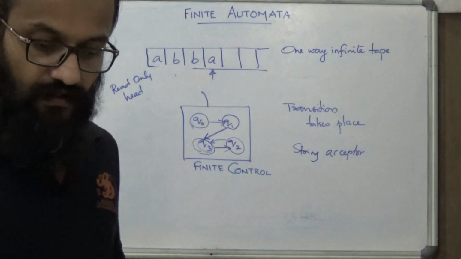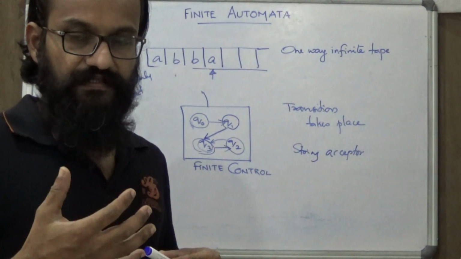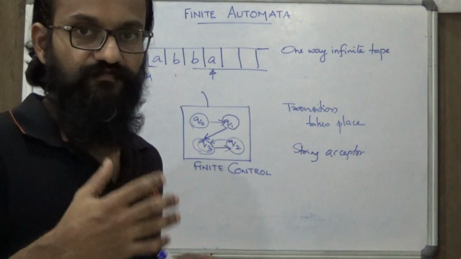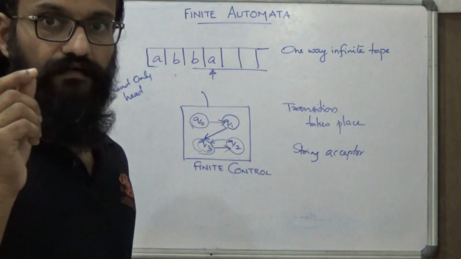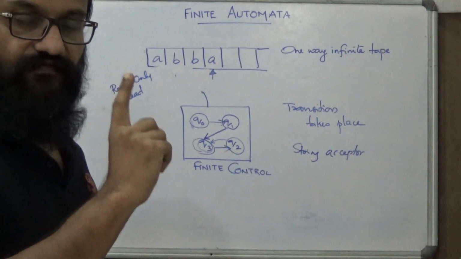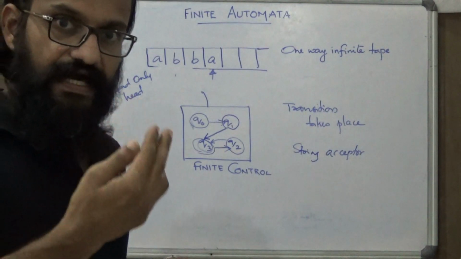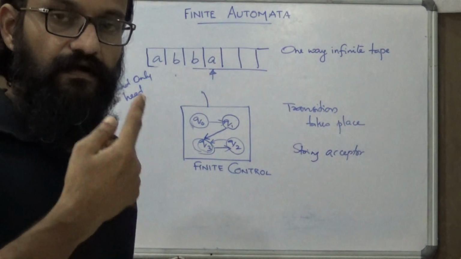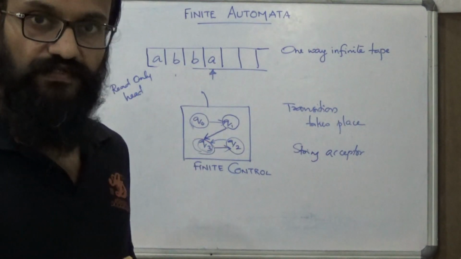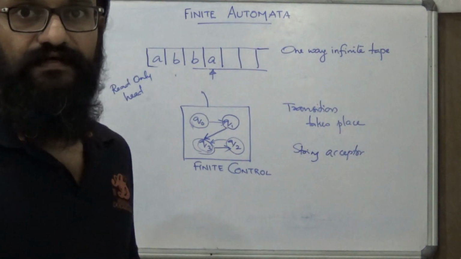Once more, I will repeat the string acceptance condition for this model. This model will start reading the input string from the leftmost cell, starting from the first symbol, and it will scan or read the symbols one by one in the input string from left to right and take transitions.